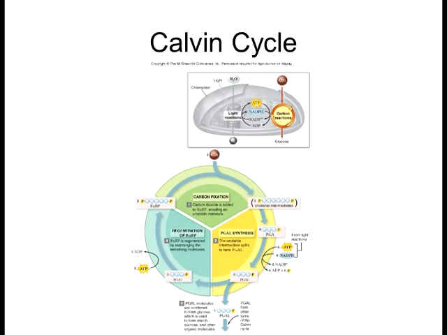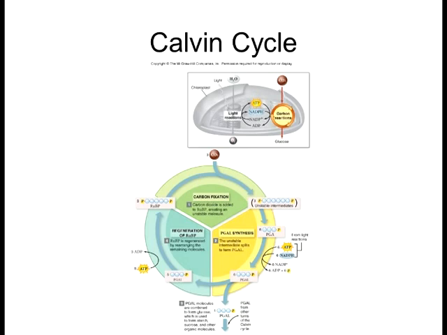Okay? The shorthand is Rubisco. Okay? So, Rubisco, nice of them to shorten that for us. Rubisco is the name of the enzyme. Okay? So Rubisco comes in, grabs the RuBP and carbon dioxide, covalently bonds them, and then cuts them in half. Okay? That's the first step.